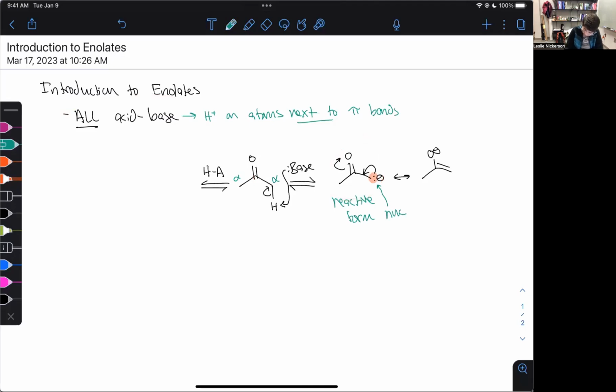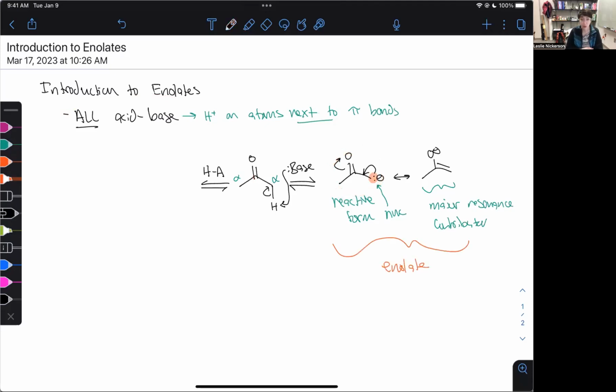But then we also need to keep in mind that this one is definitely our major resonance contributor. So that's the major form of resonance, but this is the one that we're specifically interested in for reactions. And again, these are our enolates.